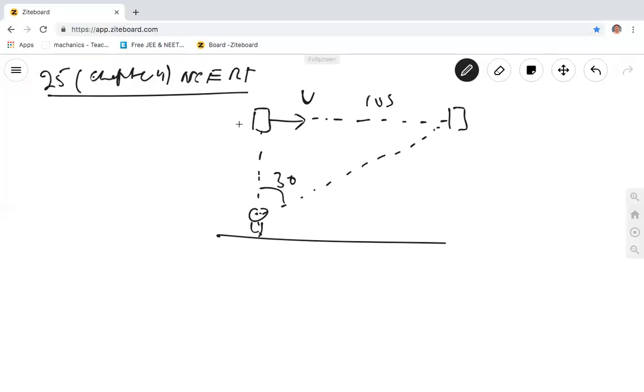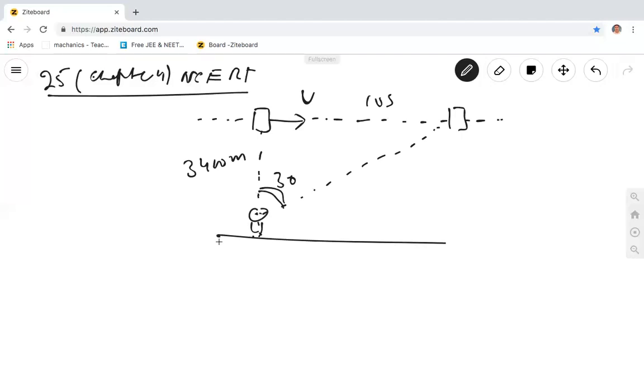And the aircraft is flying at a height of 3,400 meters. That is given.